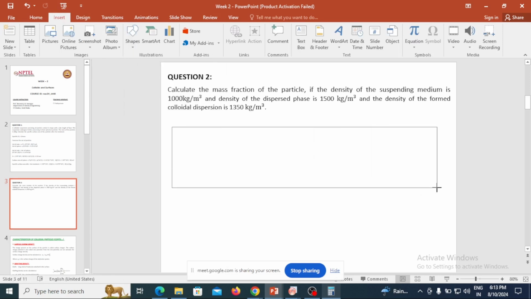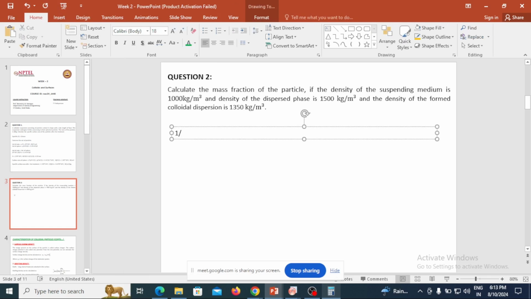So you just need to use this formula: 1 by rho of the dispersion is equal to 1 by rho of the particle minus 1 by rho of the suspending medium, times the mass fraction of the particle, plus 1 by rho of the suspending medium. So rho d is the density of the formed colloidal dispersion, that is 1350.